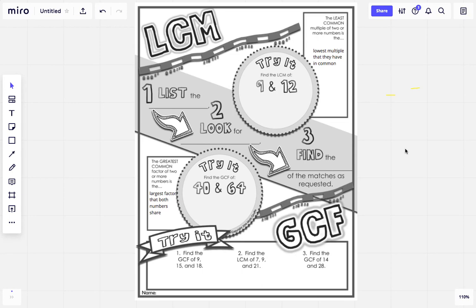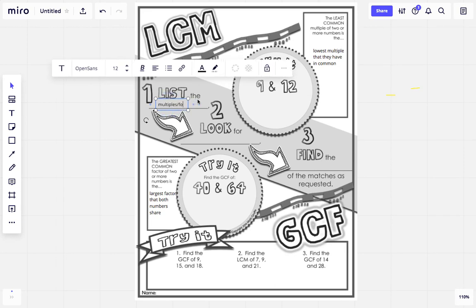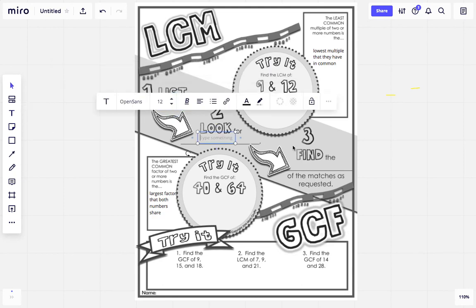So to find the least common multiple and the greatest common factors, we have three steps. First, we list out the multiples or the factors, depending on what it's asking us to do. And we look for matches.